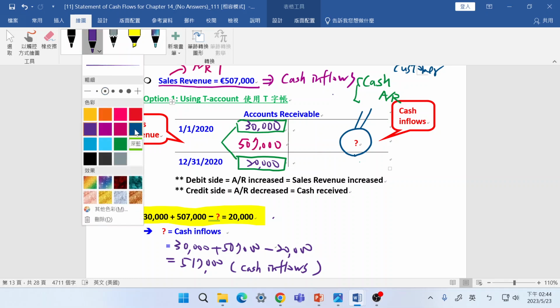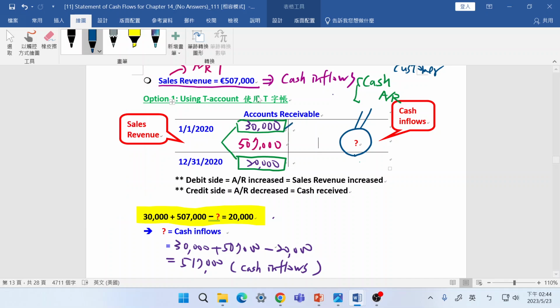So, what kind of information will you get from the beginning balance and ending balance? Compare these two numbers. Your beginning balance is $30,000. Ending balance, $20,000. Means what? Accounts receivable decreased. How much? $10,000, right?